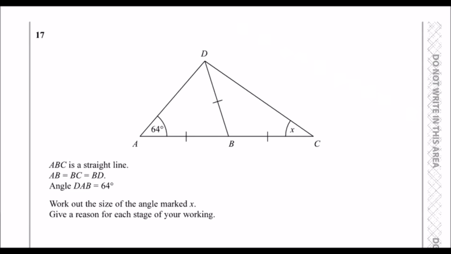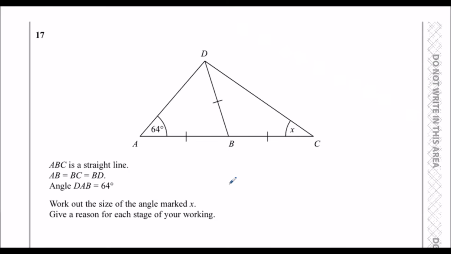Question 17. ABC is a straight line. AB equals BC equals BD, and angle DAB is 64 degrees. All of that information we can see on the diagram. And the question says, work out the size of the angle marked X. Give a reason for each stage of your working. So all of these equal lines give us isosceles triangles.